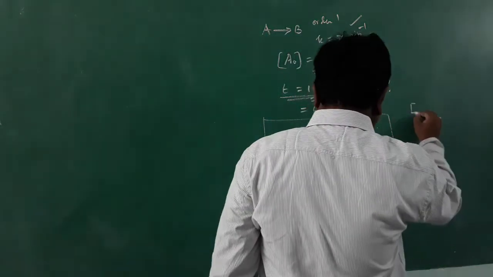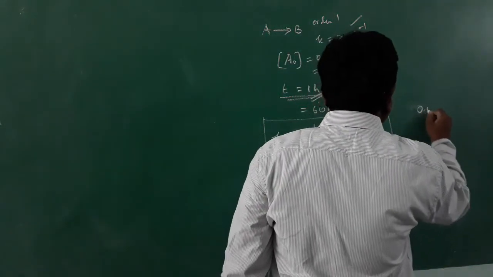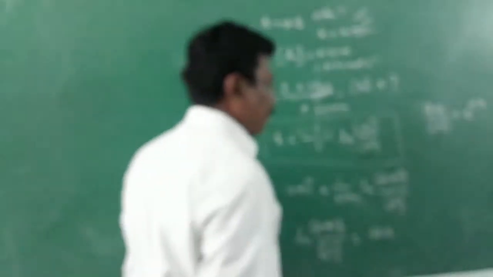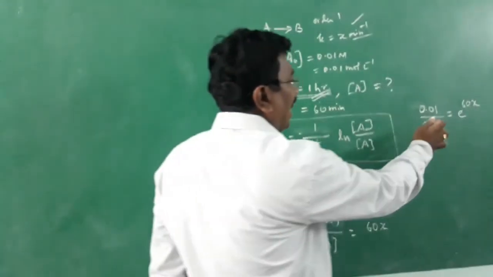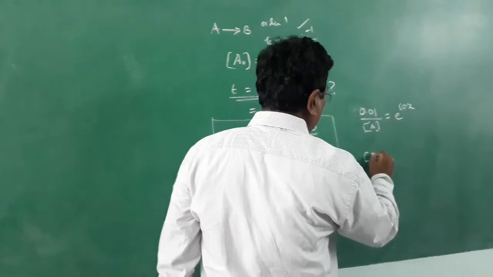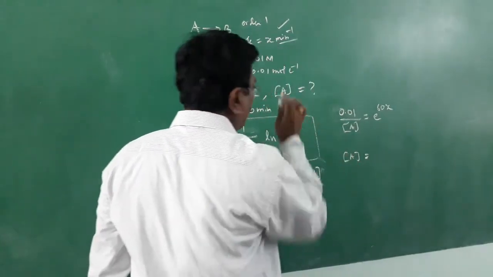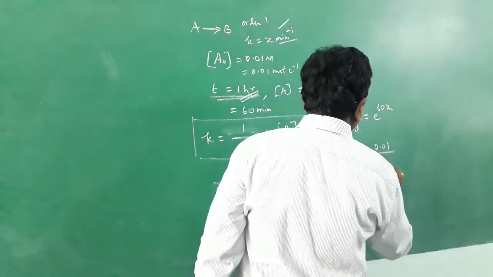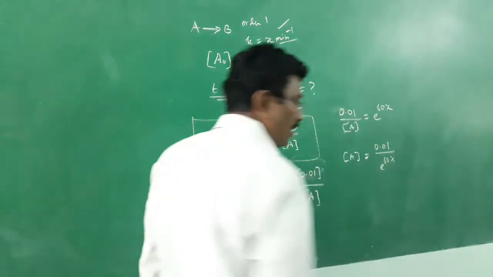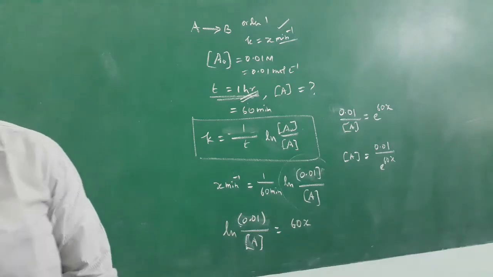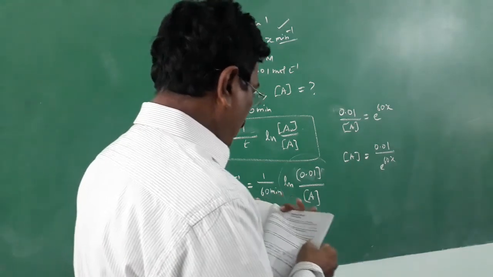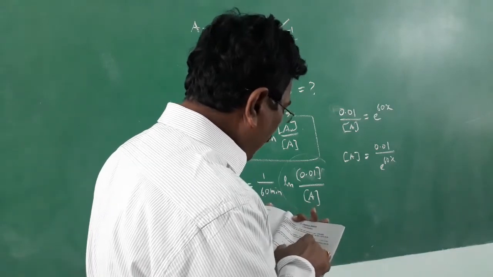Therefore, 0.01 divided by concentration of A is equal to e power 60x. We need A. Therefore, concentration of A at time t is equal to 0.01 divided by e power 60x. Let's see whether we are getting this answer. Yes, we have got e power minus 60x.